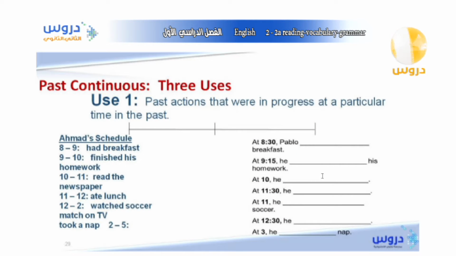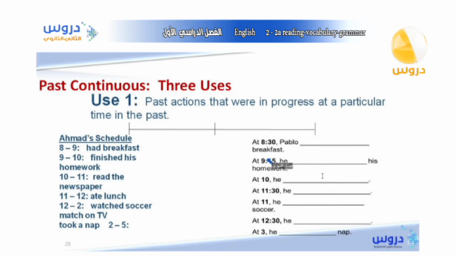In the past continuous, we call it sometimes past progressive. Past actions that were in progress at a particular time in the past. So Ahmed's schedule now, we can see from 8 to 9 have breakfast, and he finished his homework from 9 to 10.